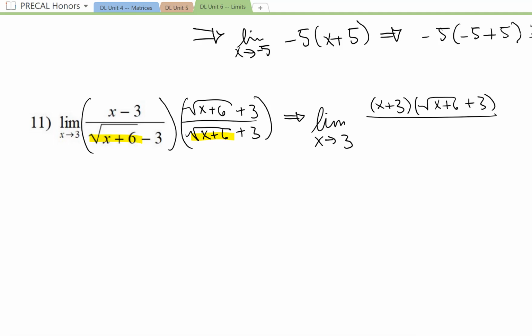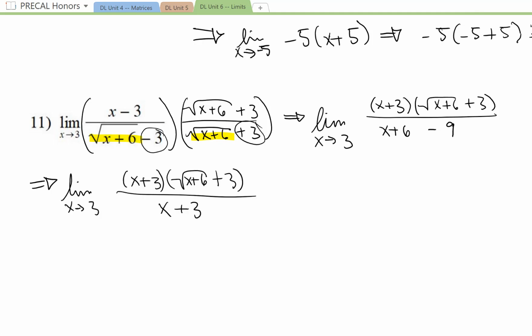Okay, a radical times a radical gives me just what was under the radical, x plus 6. Because these are conjugates, your middle term will cancel to 0, so you only need to multiply the first and last terms. Negative 3 times positive 3, that one is negative 9. Let's go ahead and simplify the denominator. Hey, that reduces to 1.